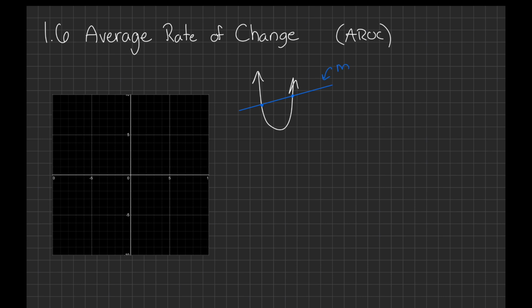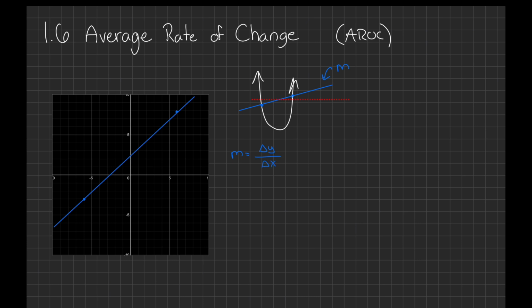To do that, we're going to use a concept that we've already learned. If we have a point, let's say there and there, the average rate of change between these 2 points can be determined through the equation m is equal to the change in y over the change in x, otherwise known as rise over run.